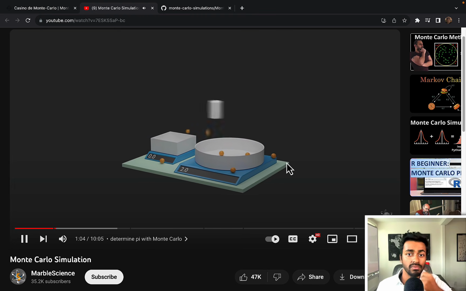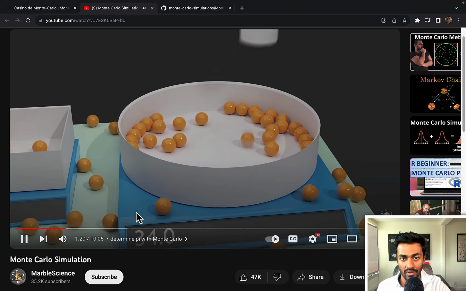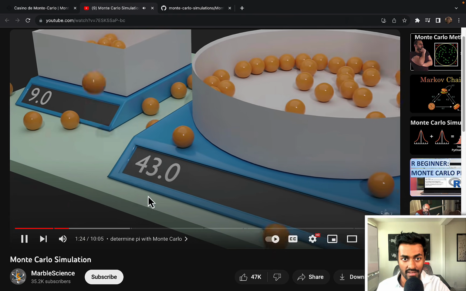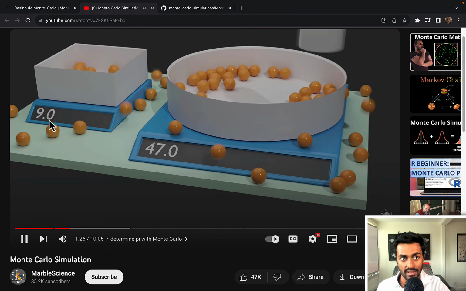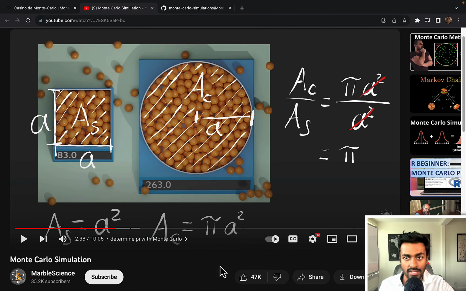And we can simulate this random dropping over time. As the number of balls dropped increases, we can divide the number of balls in this circular tray with the number of balls in the square tray in order to get pi. And this works in theory because you can just divide the areas to get pi.